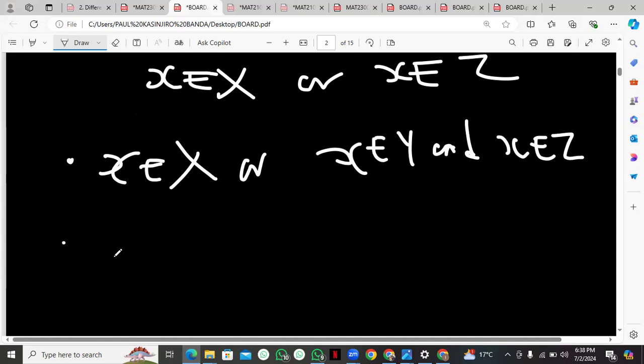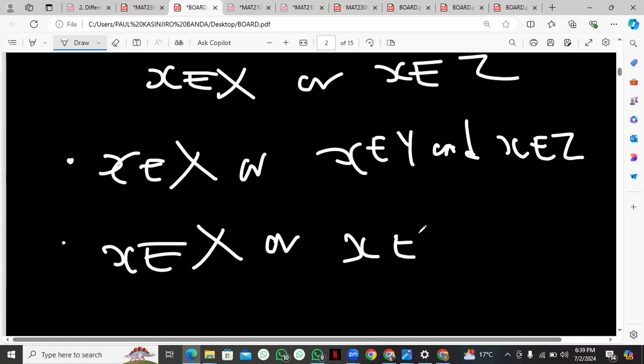So this is what we have, and we know that we can write this in symbolic form. So meaning this would be X is a member of the set X, and then OR, and then here we see that we have an AND here. So we can write this in terms of intersection. So it will be X is actually a member of what? Y intersection Z. Okay, so this is what we have.